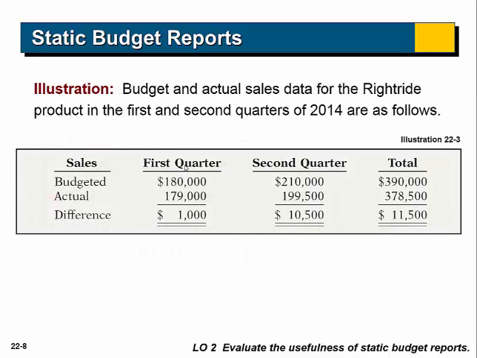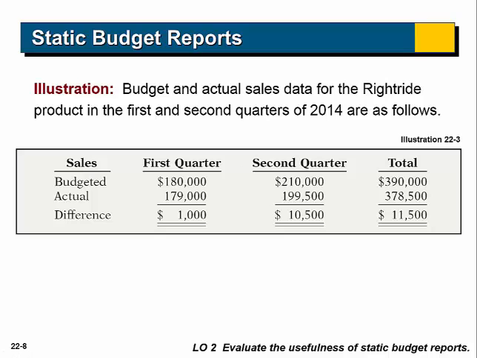So here we've got an example. Here is the budgeted sales dollars for the first quarter, 180,000, and the budgeted sales for the second quarter, 210,000, for a total budgeted sales of 390,000.